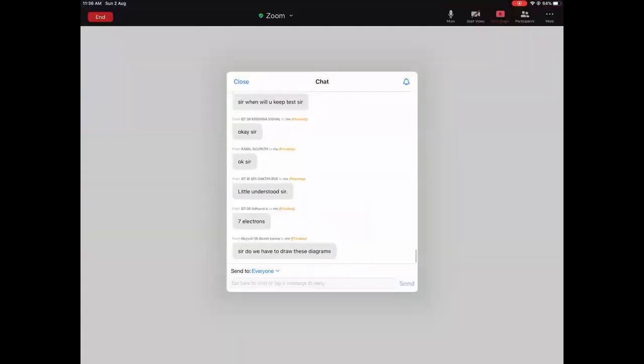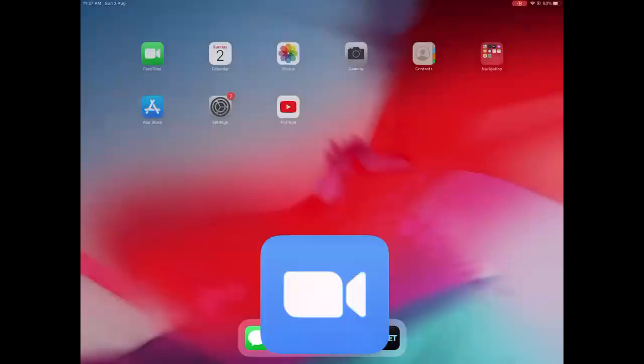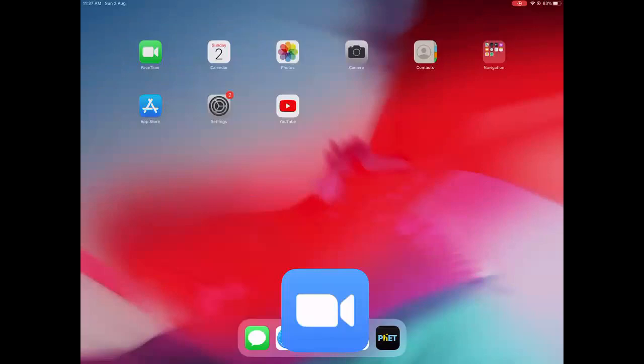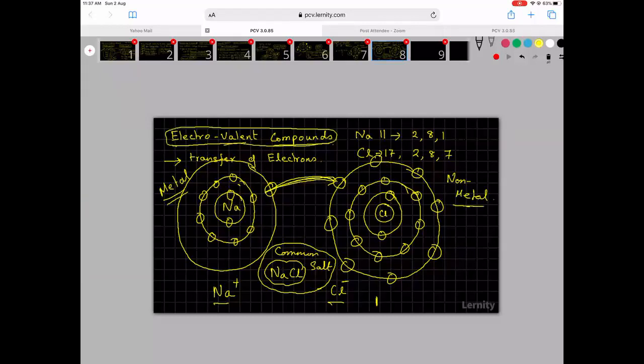We are not talking about acidic or basic; we are only saying what kind of compounds are formed, when they react and how they react. Na is a metal and Cl is a non-metal. So a metal reacts with a non-metal by transfer of electrons. These are called electrovalent compounds.